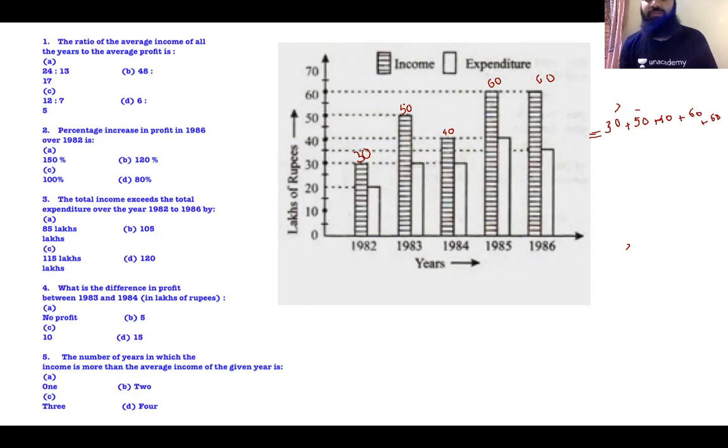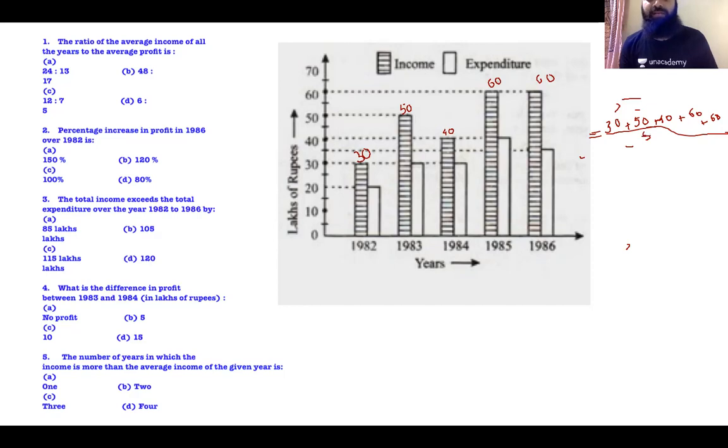Since they're asking for the average income, this entire thing has to be divided by 5. This is the average income.